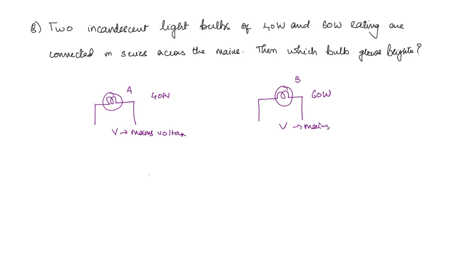Now what is happening? They are connecting two bulbs in series across the mains supply, and the voltage is going to be V. This is bulb A and this is bulb B. Now which will glow brighter? The one which will dissipate more power.